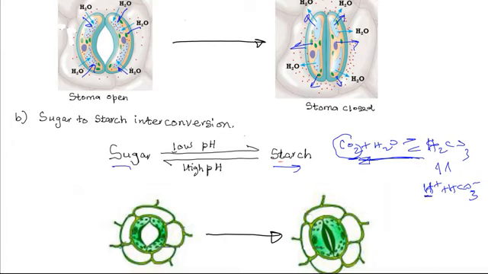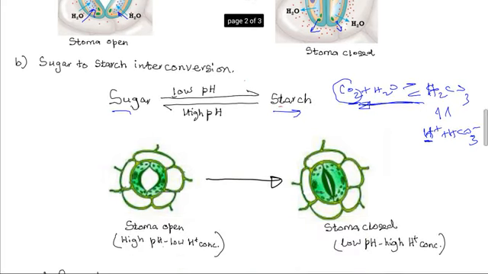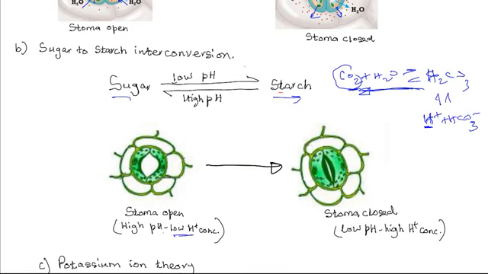So with a drop of hydrogen ions, the pH is said to rise, because the higher the concentration of hydrogen ions, the lower the pH. The lower the concentration of hydrogen ions, the higher the pH. So during the day, the pH is high because of the low concentration of hydrogen ions.